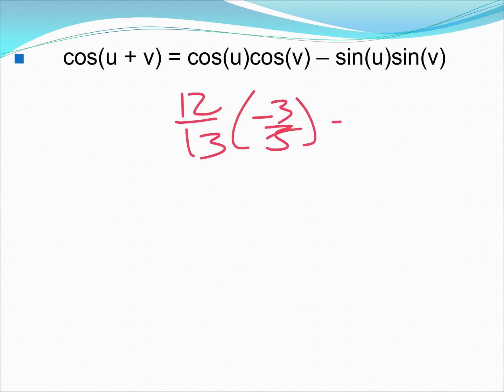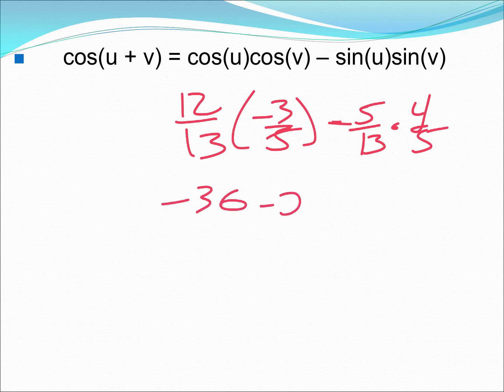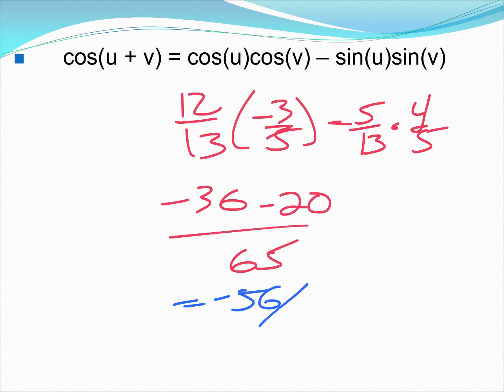And then we have positive 5 over 13 for the sine of u, and positive 4 over 5 for our sine of v. When we multiply things together, we get negative 36 minus 20 over 65, which will simplify to be negative 56 over 65.